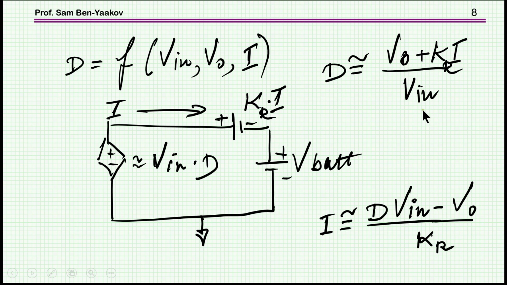So this is now, in a very approximate, intuitive way, the equation, where D is not V out over V in, but V out plus something. The plus something is this delta V, the voltage drop on this resistance.